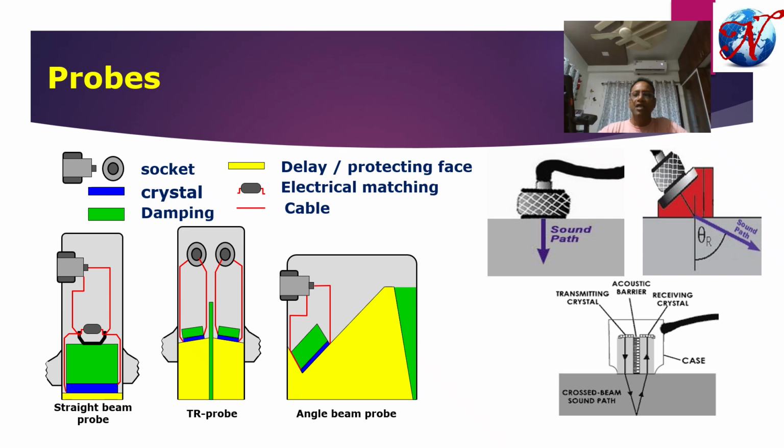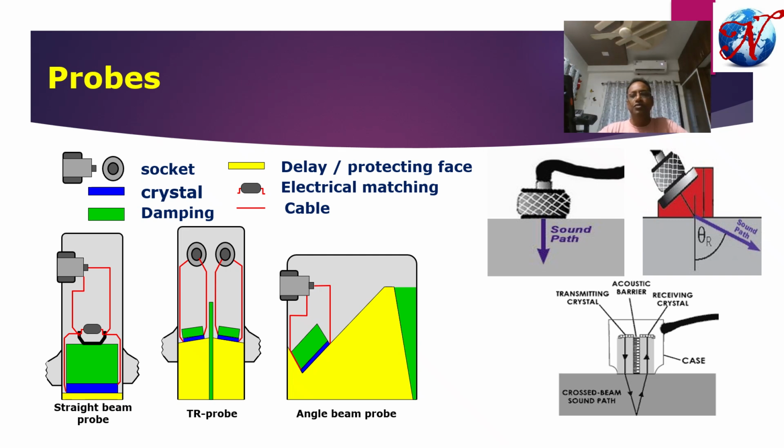For thickness less than 20 mm, where the near surface resolution of the normal probe is very, very low, to compensate we use the TR probe, which also produces a 0 degree longitudinal wave for determining defects parallel to the inspection surface, like laminar type flaws. So in lower thickness we use the TR probe, or in case of higher thickness we prefer the straight beam probe.